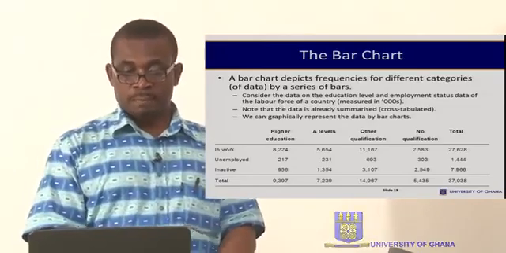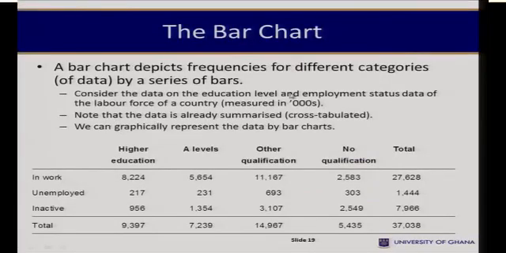So the data you see here is the data on the level of education and the employment status of 37,038,000 persons. Because the data is measured in thousands, this is the total. Now the categories group the persons into whether they are in work, unemployed, or inactive. And another categorization is their education status: higher education, that is university and above, A levels, other qualification, or no qualification.